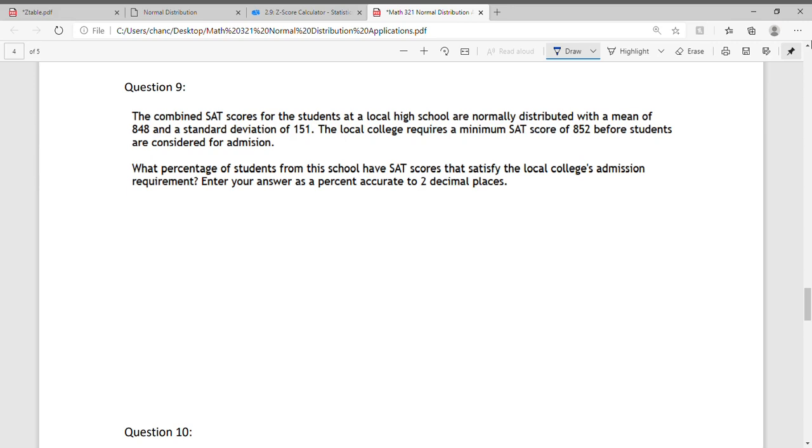So let's use the formula again for z-score. Z equals x minus mu divided by sigma. In this case, we have the mean is 848. We have the minimum score that we need is 852, so that's x. This is mu.